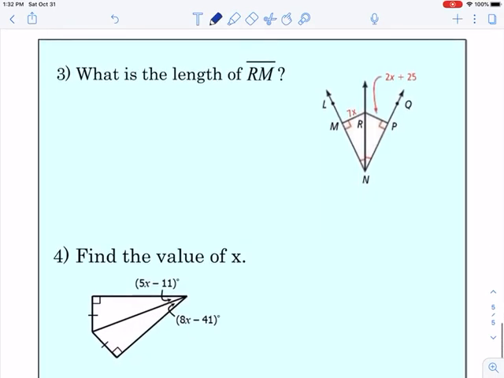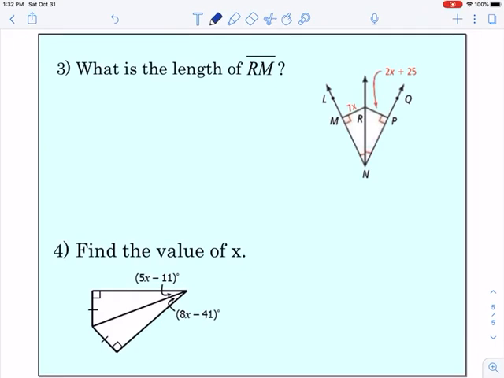Okay, so our last two problems here. What is the length of RM? RM is represented by 7x, and our other piece is represented by 2x plus 25. If we're told that these two angles are congruent, that means that this piece has to be equal to that piece. So I'm going to set 7x equal to 2x plus 25.